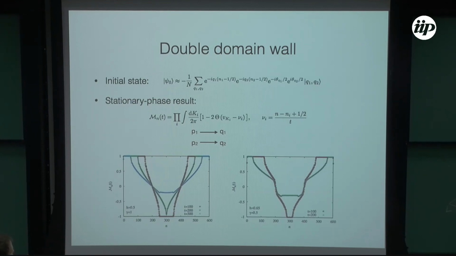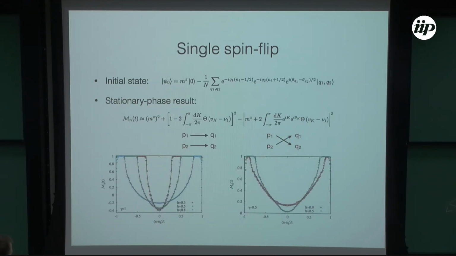But now let's come to the last case, which will be the most tricky, the single spin flip. Essentially, here the initial state has two components. There is a component with the vacuum and two particle excitations. But now, as I told you, the single spin flip could be thought of as a double domain wall, which are just next to each other, okay?